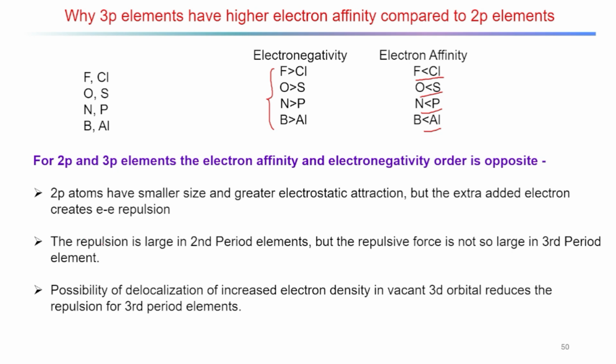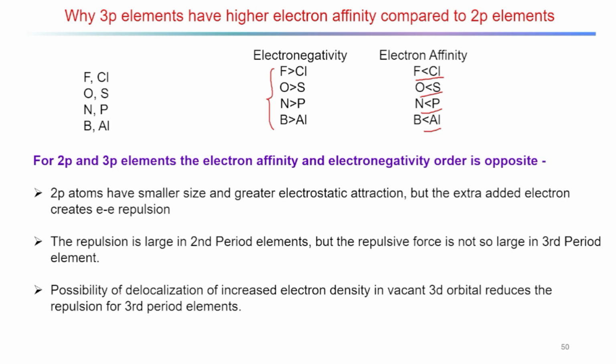Now the repulsion is large in second period elements, but the repulsive force is not so large in the third period elements. The 3p has bigger size compared to 2p, right? So when we are adding an electron in the 2p, the electron-electron repulsion is very high. But if we are adding an electron in the 3p, it can manage, it is not that high.